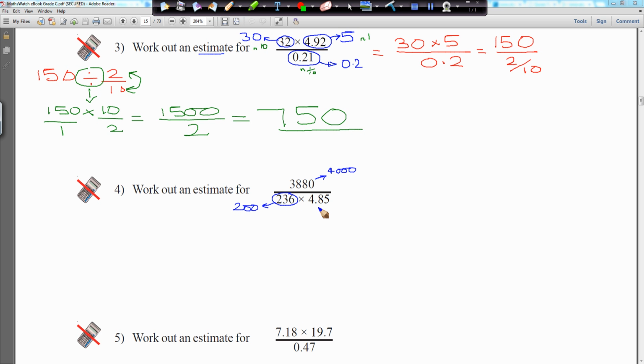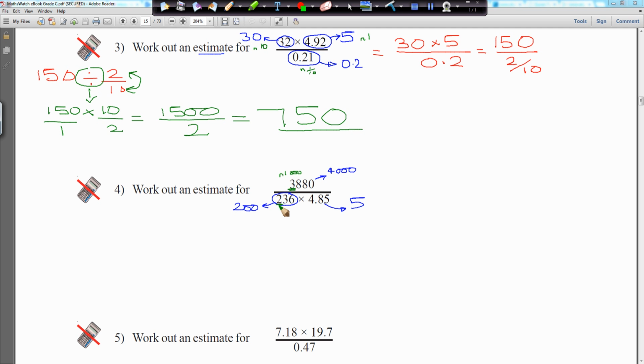So 4.85. Again, the largest place value is the unit, so we round this to the nearest unit. That's one way of understanding these questions. So that becomes 5. Let's quickly write over there what we've done. The largest place value here was the thousands, so we rounded to the nearest 1,000.